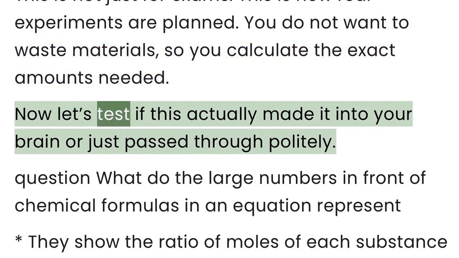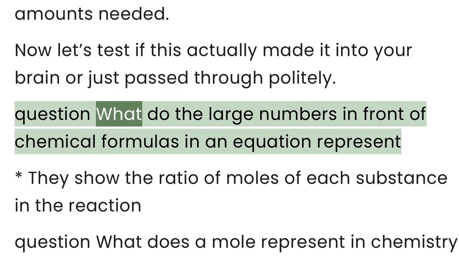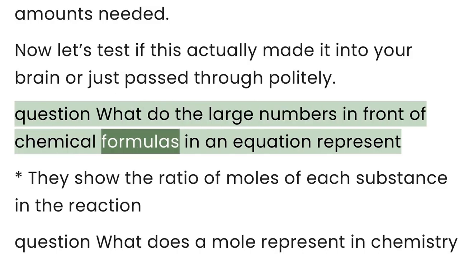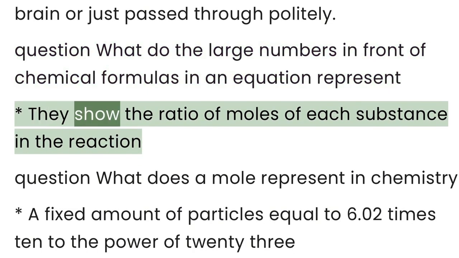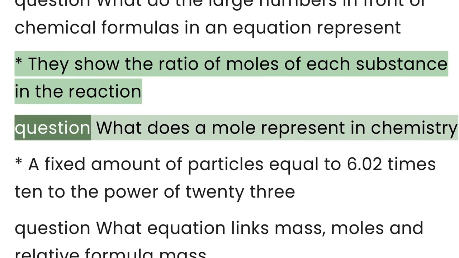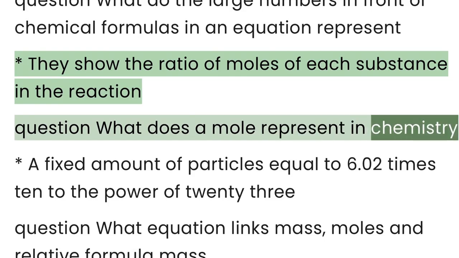Now let's test if this actually made it into your brain or just passed through politely. Question: what do the large numbers in front of chemical formulas in an equation represent? They show the ratio of moles of each substance in the reaction. Question: what does a mole represent in chemistry?